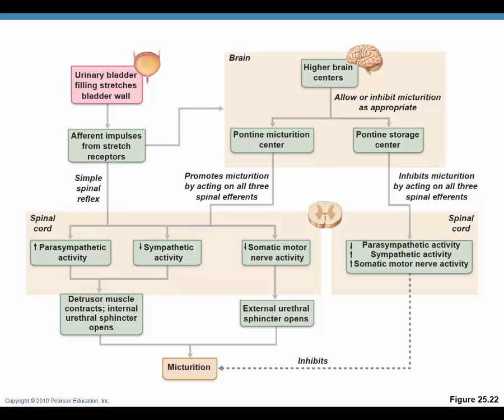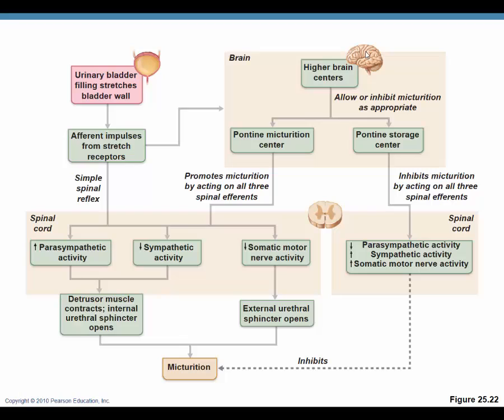And we can shut that down for a while. So we can stimulate the somatic motor neuron going to the external urinary sphincter, causing it to constrict and say, not right now. And that process inhibits parasympathetic activity, increases sympathetic activity, and basically our brain is just saying, not right now. So we have the ability to suppress this reflex.